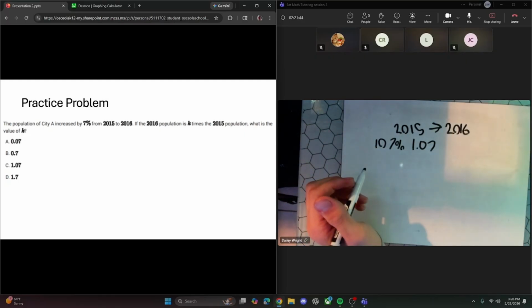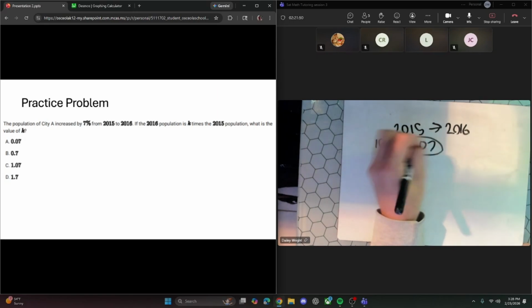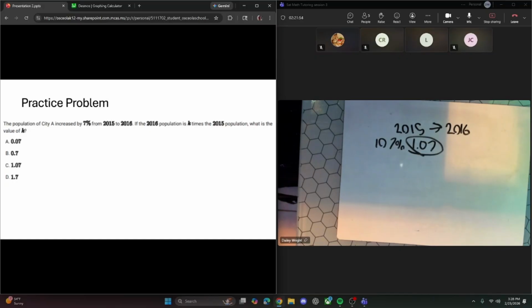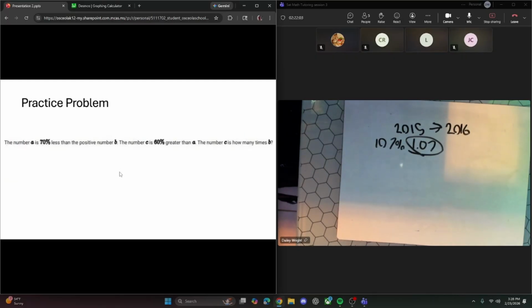So if the 2016 population is K times the 2015 population, what is the value of K? It would be 1.07, because that 7% increase means 1 plus 0.07 once you convert 7% over. So your answer is C, 1.07.